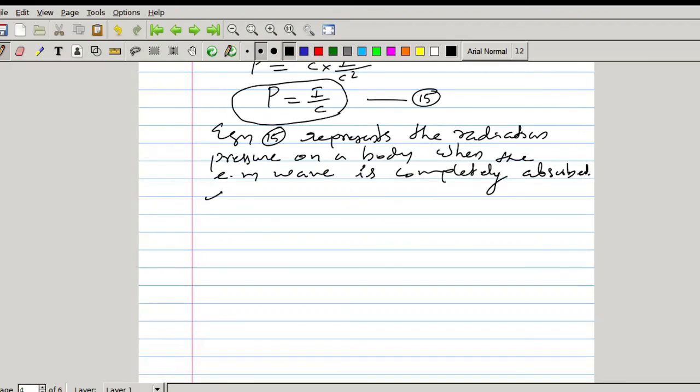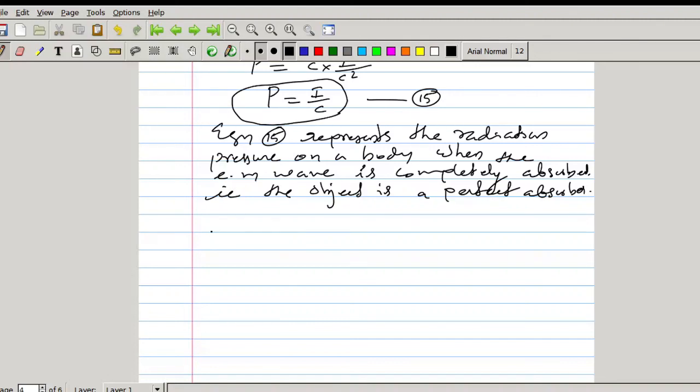That means the object is a perfect absorber. If the object is a perfect absorber, complete radiation will be absorbed. So the total change in momentum is given to the absorbing body. That's why its radiation pressure is I by C.